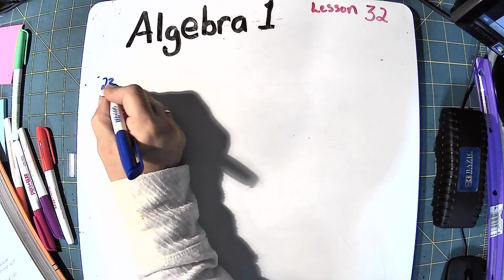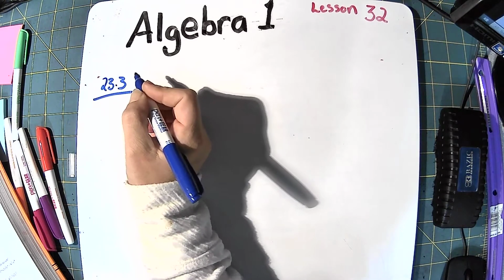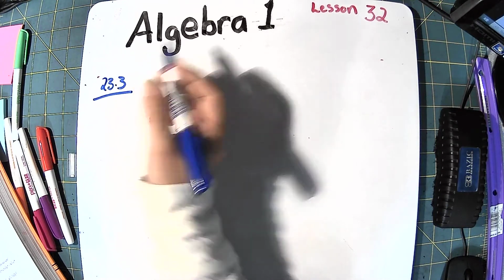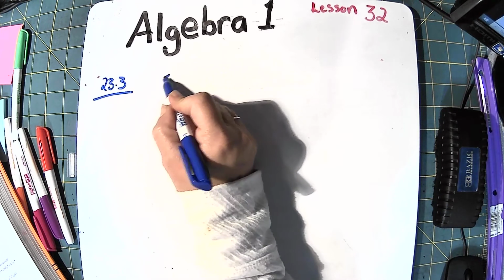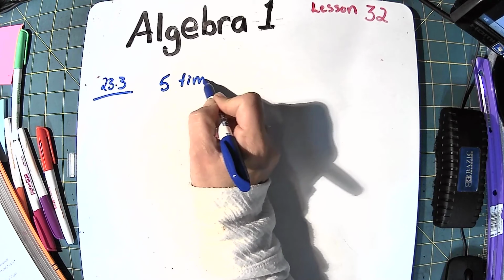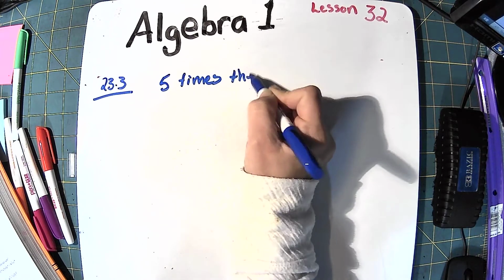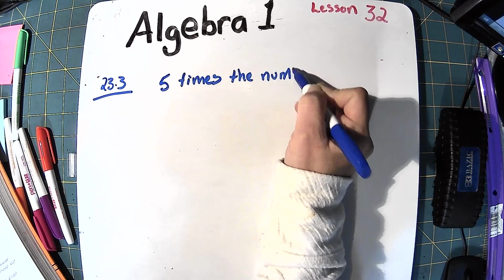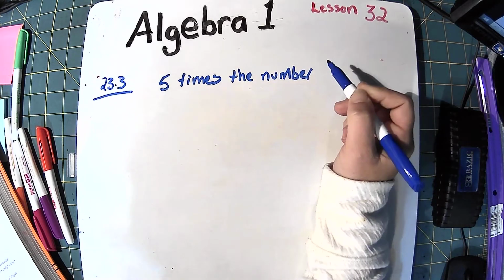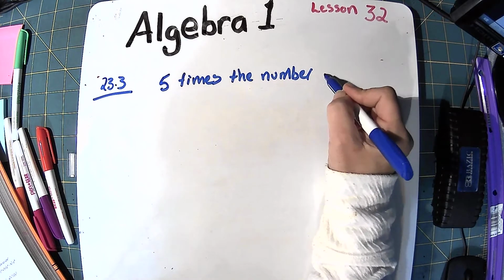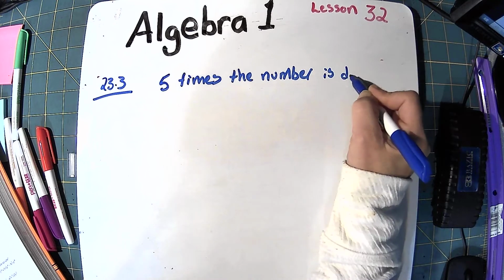This is 23.3. They give you a lot of examples on these. Find a number such that 5 times the number is decreased by 14.